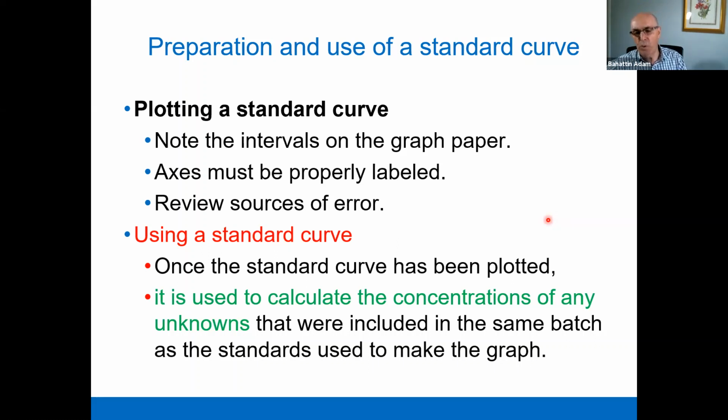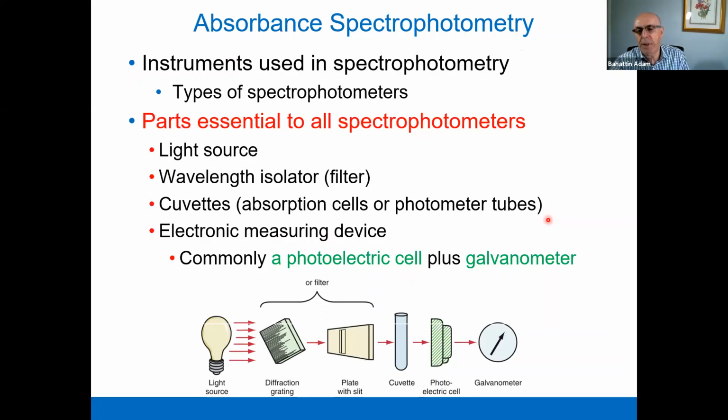We also need to check them periodically to see whether it's working well, because by the time the standard may be spoiled, or the reagents, we don't know. We have to check them periodically.